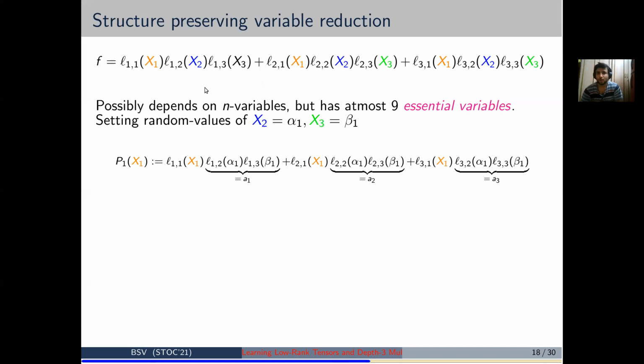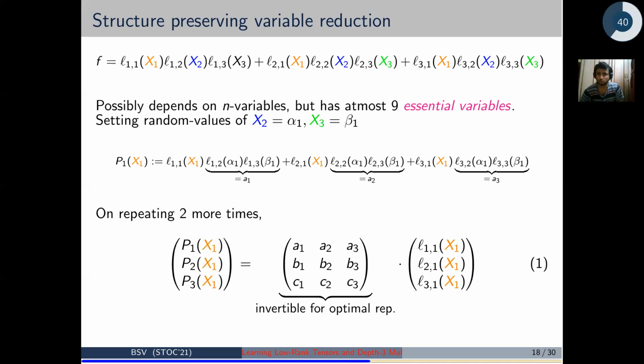In order to do a variable reduction which doesn't mess up the structure, we do some kind of random substitution to all but one set of variables. You get a linear polynomial out of it, and you repeat this process two more times. So you get P1, P2 and P3, and this gives you essentially a linear combination of L1, L2. Note that the L_i are what you're looking for, and the P_i are what you know.